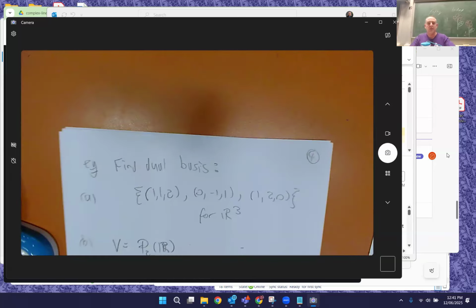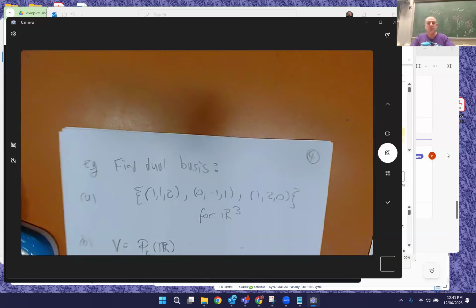Okay, so this is the basis for R3. The dual basis will be the linear functionals that send R3 to R. And so I know that when writing something with these as the basis, the coefficients will be the linear functionals. That's the thing I know to be true. So I can think of at least two ways to do it.